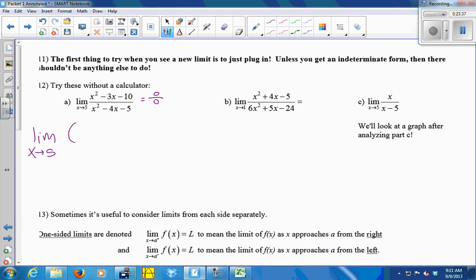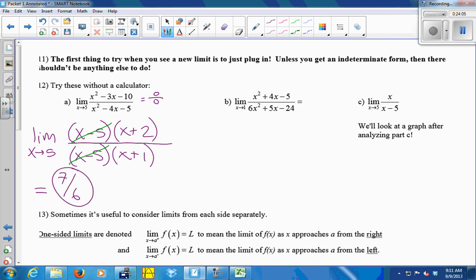This factors to x minus 5, x plus 2 over x minus 5, x plus 1. Did I do that right? Okay. So my x minus 5's cancel. And so my limit, now when I plug in 5, I get 7 over 6.